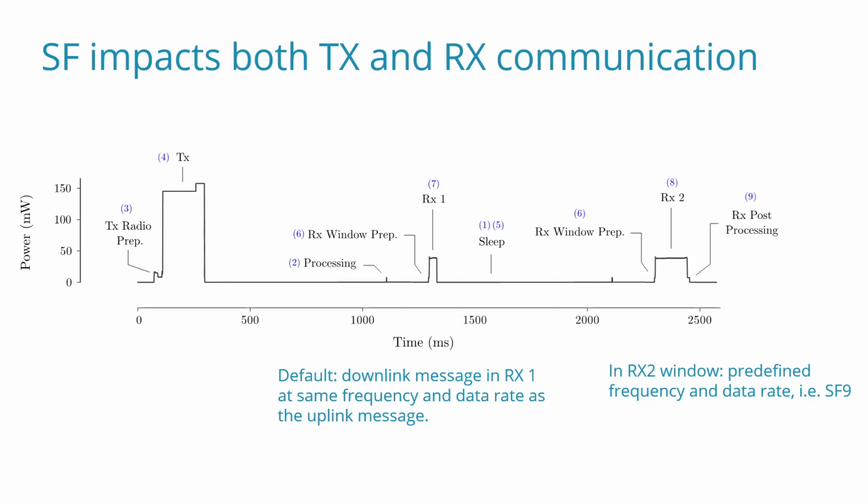As recommended in the LoRaWAN specification, a spreading factor of 12, which is the highest spreading factor, is used in the second window, just to be sure to be able to receive the downlink message, as it is the most robust setting. So depending on where the downlink message is sent, the energy required to transmit and receive is different.